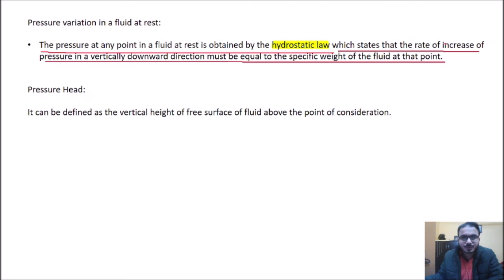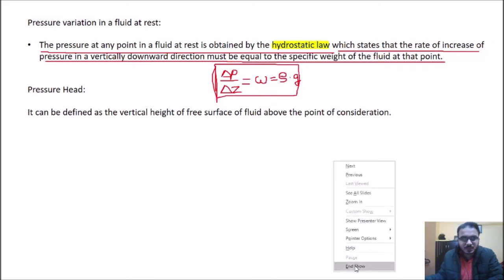So the rate of increase of pressure can be written in this way, that is delta P over delta Z is equal to the specific weight omega, which is also written as rho into G. So that is the hydrostatic law, and this we need to prove. So let's prove this.